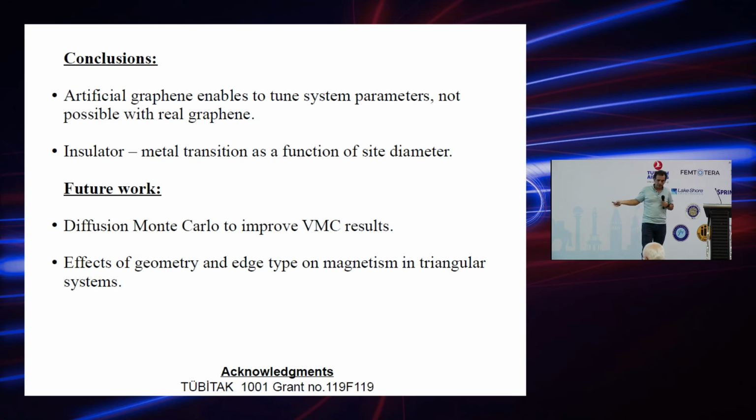This is ongoing research, so we are also doing some diffusion Monte Carlo calculations to improve the VMC results. And we are looking at the effects of geometry, edge type in triangular systems, and also defects.